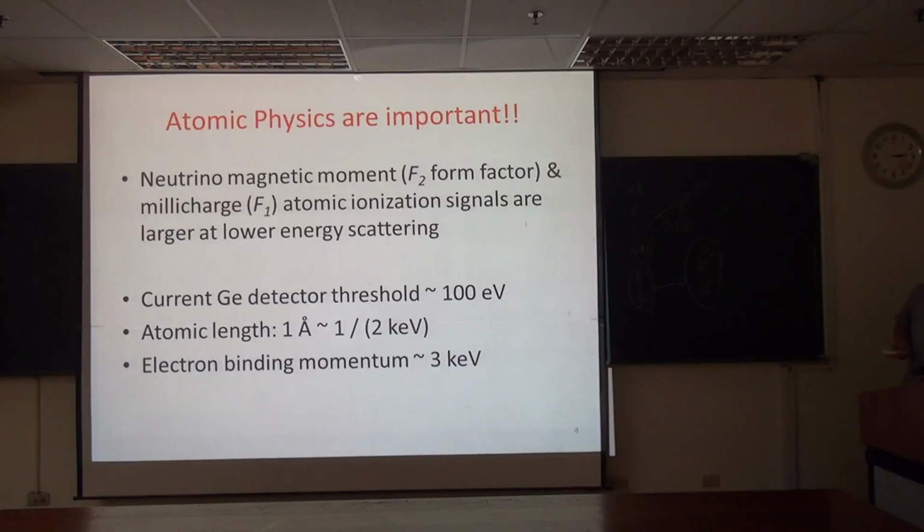For current germanium detectors, their detecting threshold can be reduced to a few 100 eV. So this is about the energy scale of atomic physics.